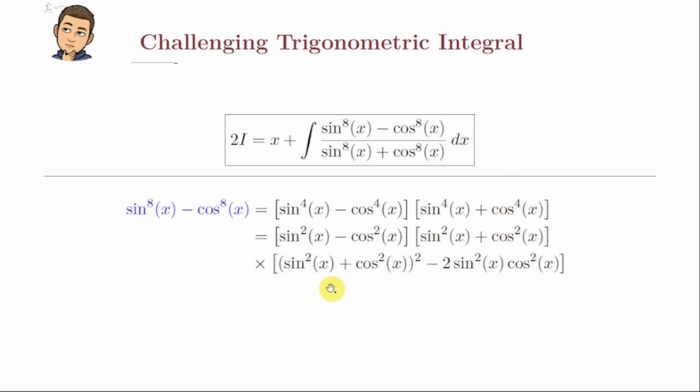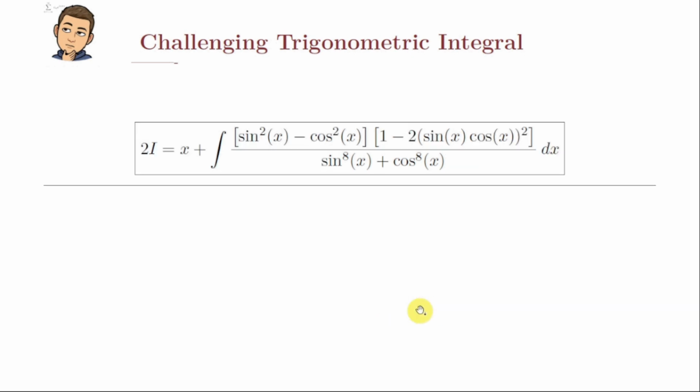The other one is sine squared plus cosine squared, squared, minus 2 sine squared cosine squared, because the square will have 2 times sine squared cosine squared, so we have to cancel by this. Since it is well known that sine squared plus cosine squared is 1, this is 1 and this is 1, so the numerator becomes this.